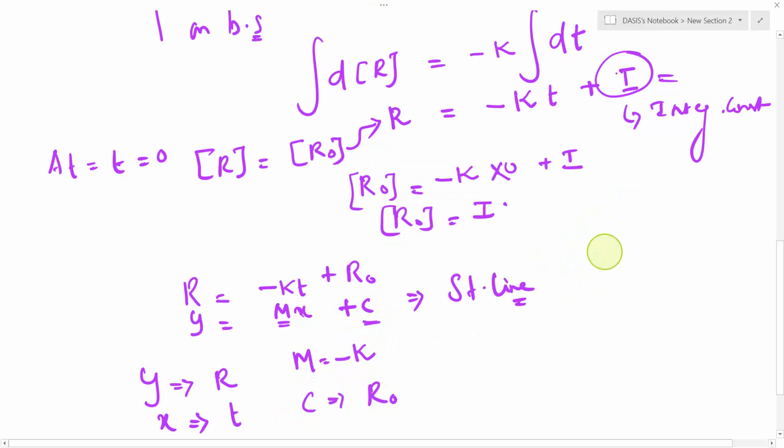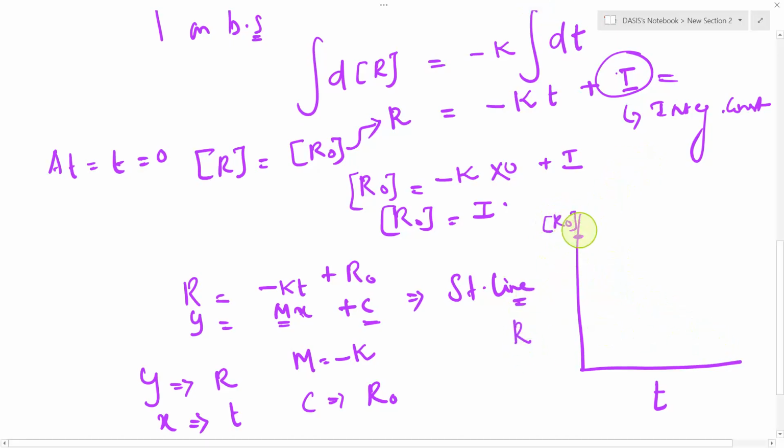Let us draw the graph like this. This is the y-axis, this is the x-axis. The y-axis is the concentration of the reactant R, and the x-axis is time t. The intercept is nothing but the initial concentration R naught. Now, what is the slope here? Negative slope, because the concentration decreases with respect to time.